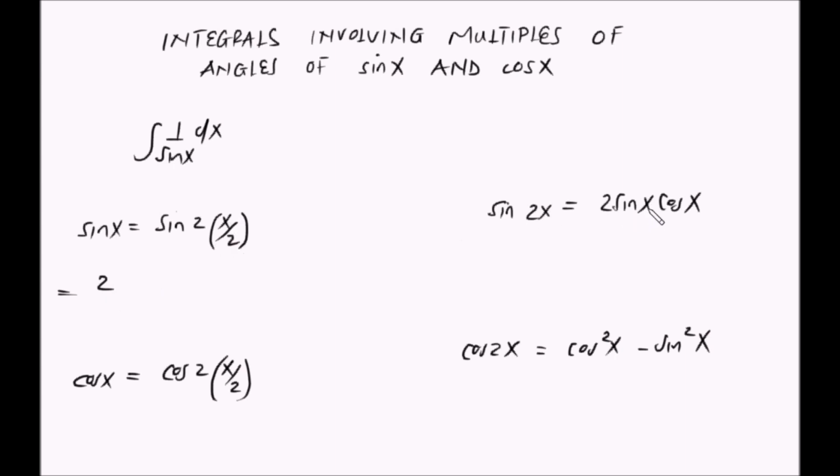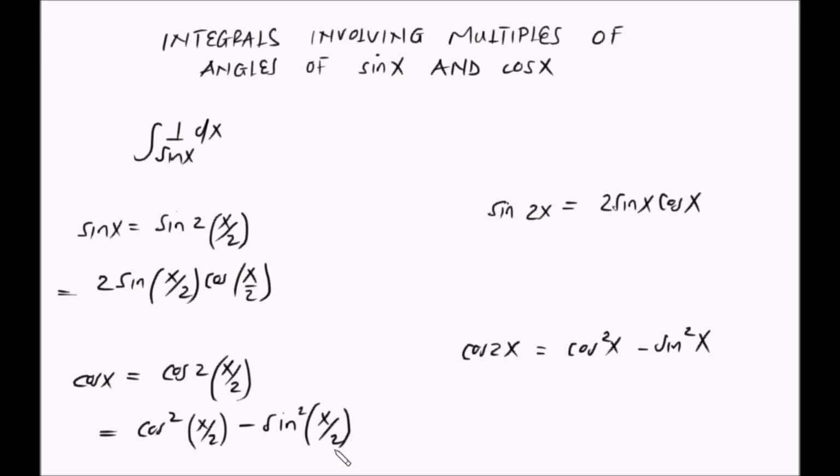Sasa badala ya x hapa itakuwa ni x over 2 kwa sababu ilikuwa 2 times x tukaweka x. Kwa hapa ni 2 times x over 2, maana tutaweka x over 2 like this. Similarly na huku cos of x kumbe itakuwa yenyewe ni sawa na nini? Cos squared. So hapa tumeweka x kwa sababu ilikuwa ni 2x. So hapa tutaweka cos squared ya x over 2 minus sin squared ya x over 2.